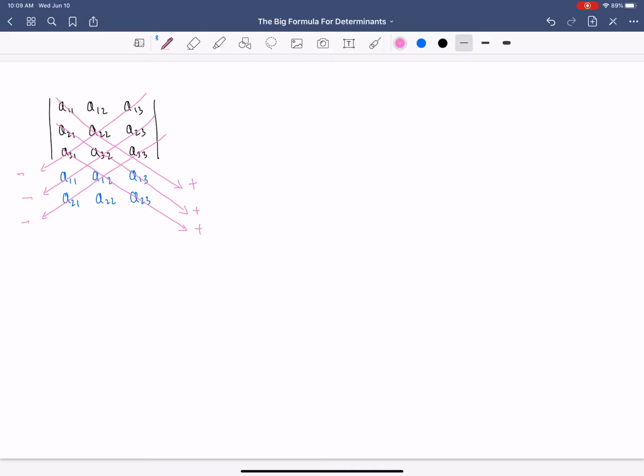So my determinant is the product along the positive diagonals and then the product along the negative diagonals, if you like. So the first positive diagonal has product A11, A22, A33, plus along the second one, I have A21, A32, A13, plus along the third one, I have A31, A12, A23. And then the other diagonals, they come with minus signs.